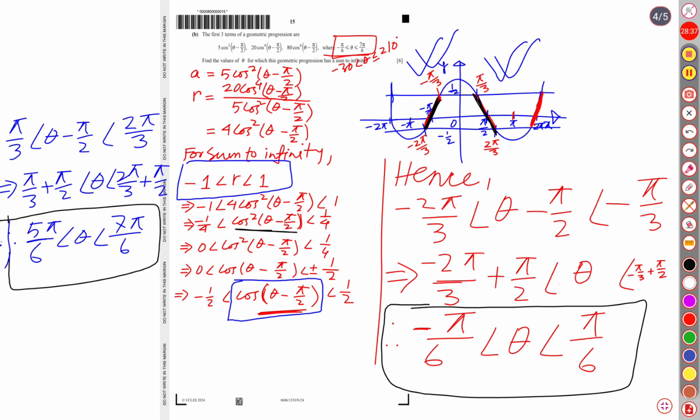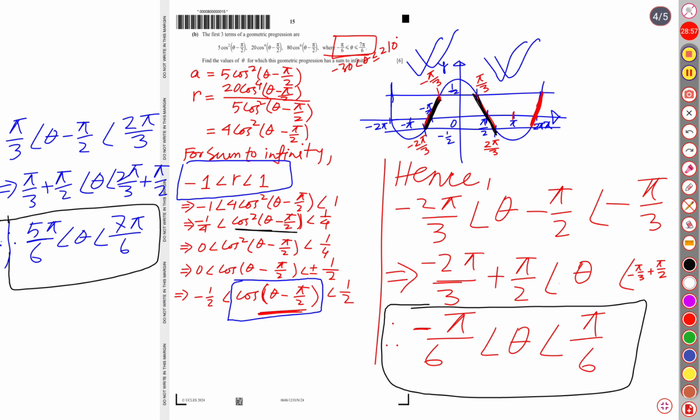And the negative half is 30 degrees more than 90 degrees, so it is negative 120 and positive 120.